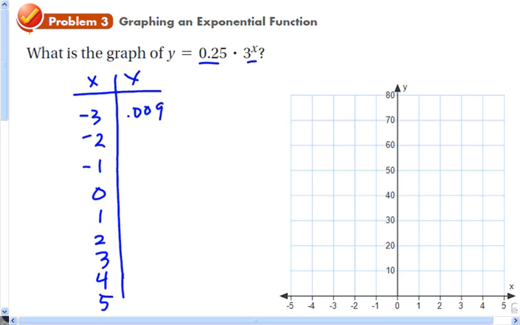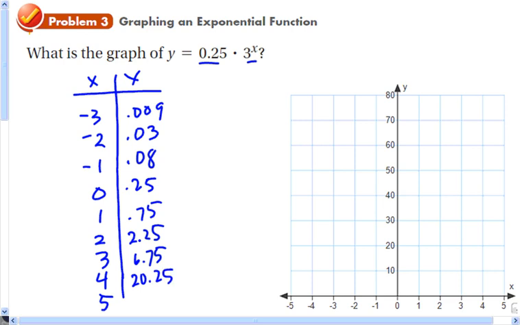Negative 2 was 0.03, 0.08, 0.25, 0.75, 2.25, 6.75, 20.25, and 60.75. So essentially I'm right down at 0 until I get to 0, then I'm at 0.25.